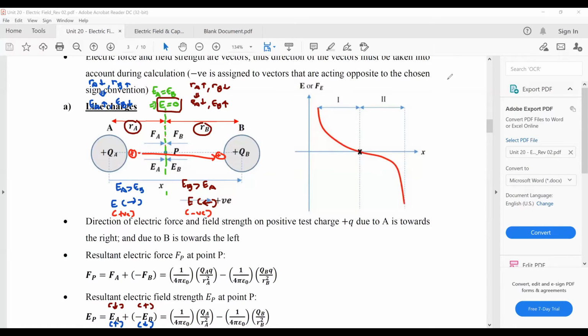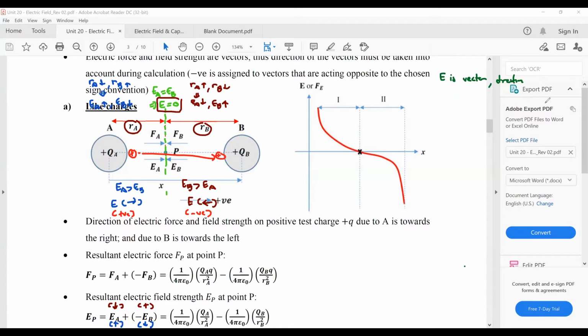This one, E is a vector, so direction is important. Okay, so direction has to be taken into account.